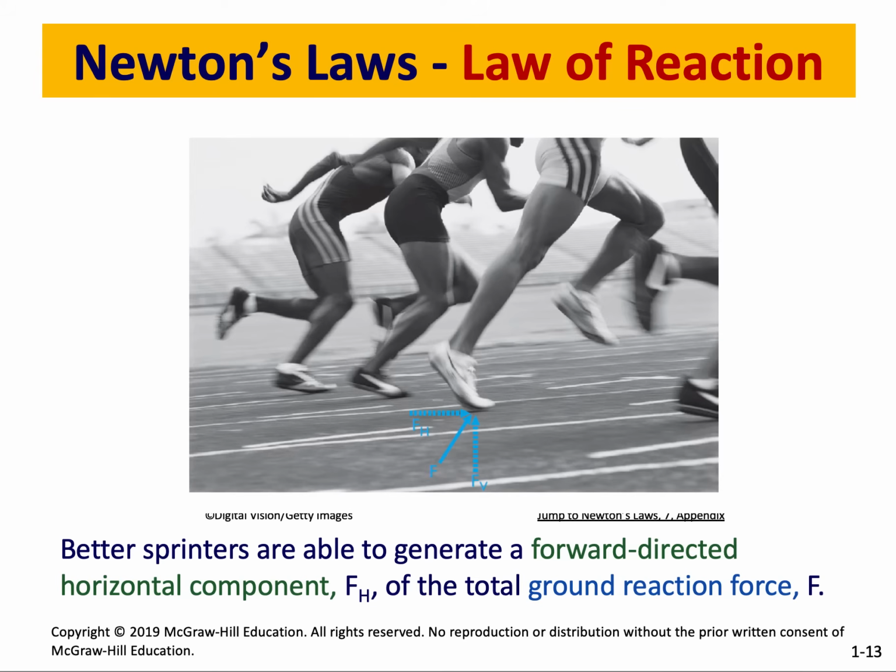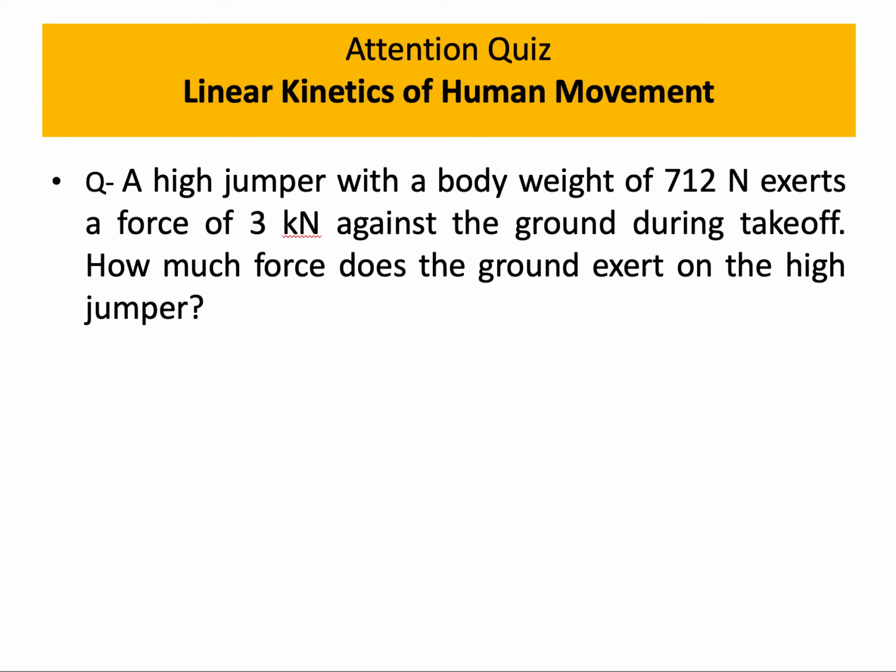I would like to go into an example from biomechanics, a quick quiz to test our understanding of the concept. Say there's a high jumper with a body weight of 712 newtons who exerts a force of 3 kilonewtons against the ground during takeoff. How much force does the ground exert on the high jumper?